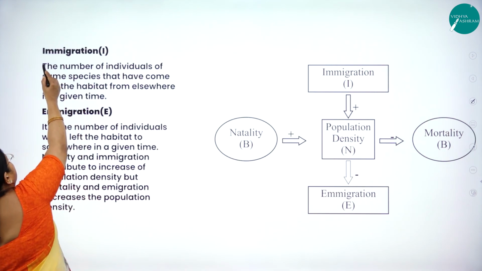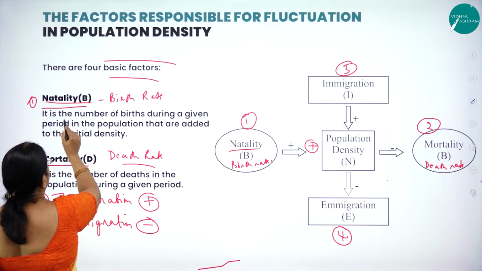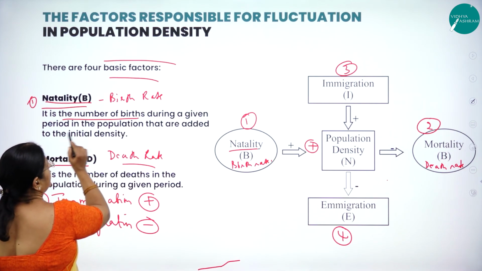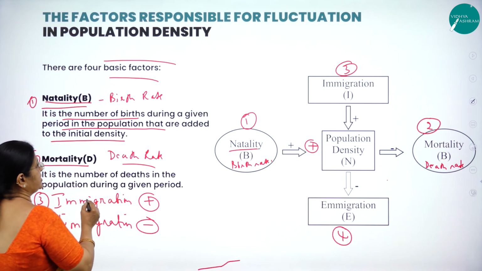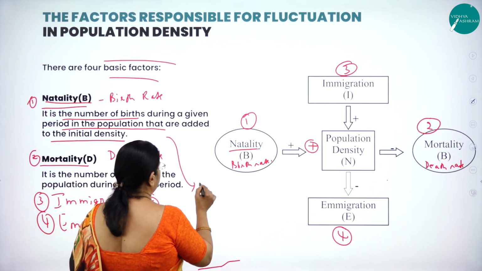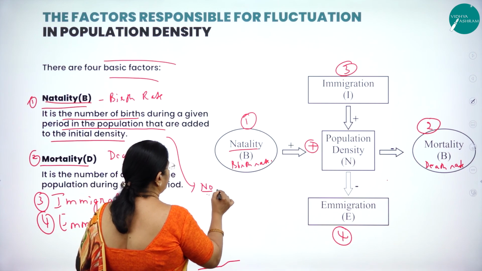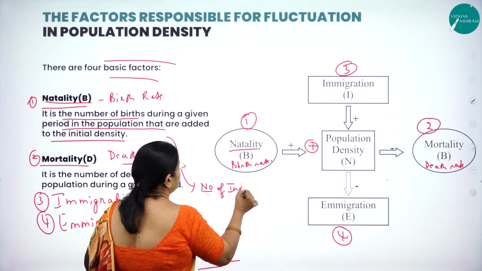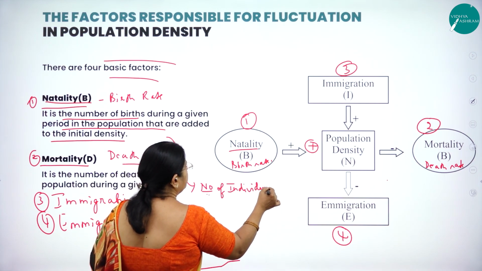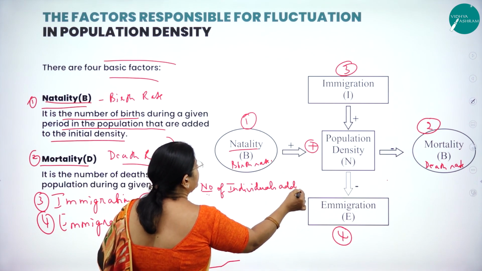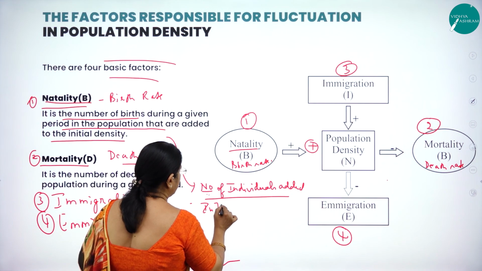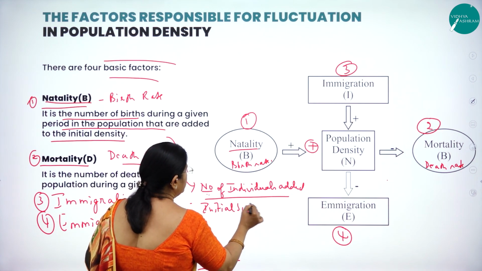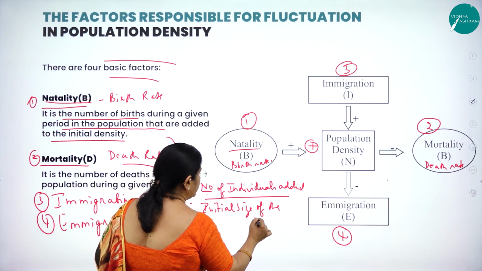So what is natality? It is the number of births during a given period in the population that are added to the initial density. How is it calculated? Number of individuals added divided by the initial size of the population.